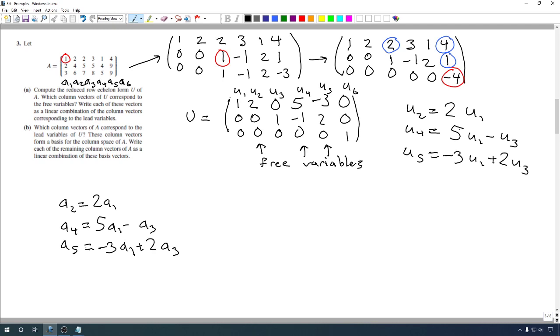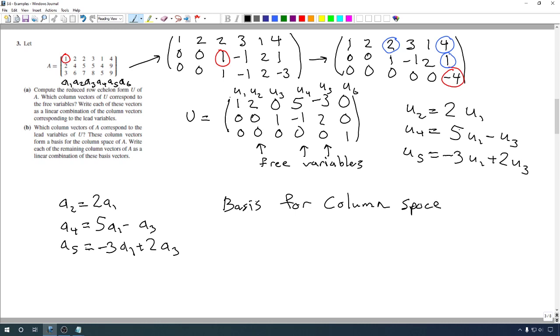These same relationships still hold, and we could go back and verify that every single one of them still does work. So our basis for our column space just consists of A1, A3, and A6.